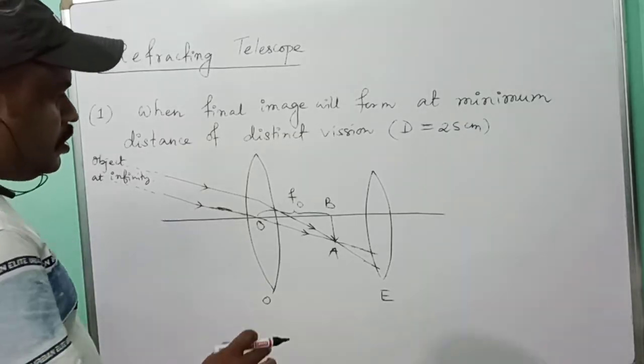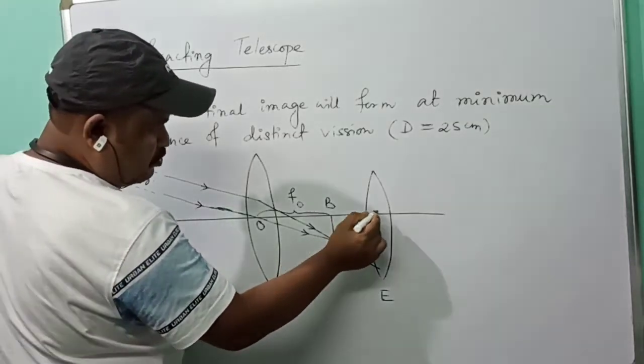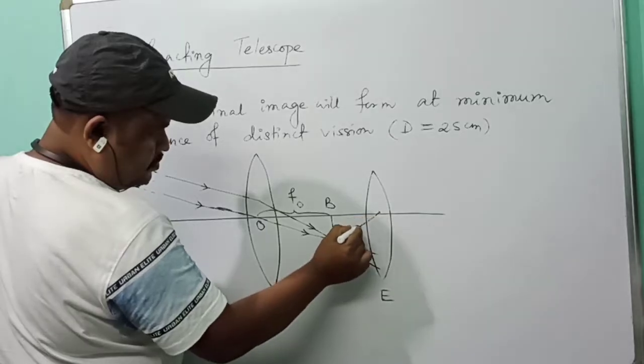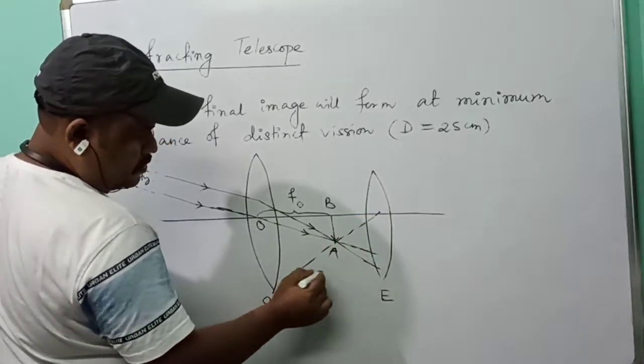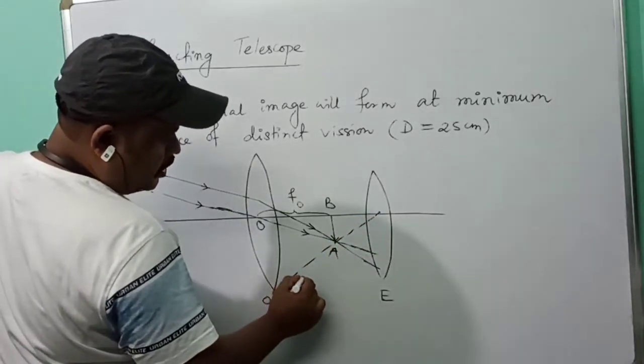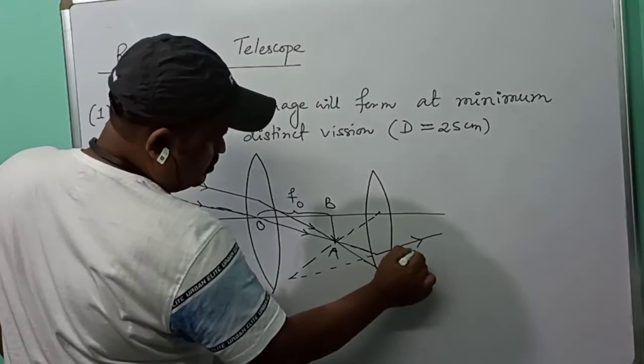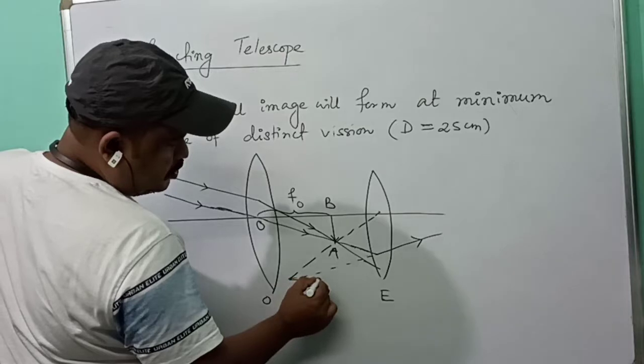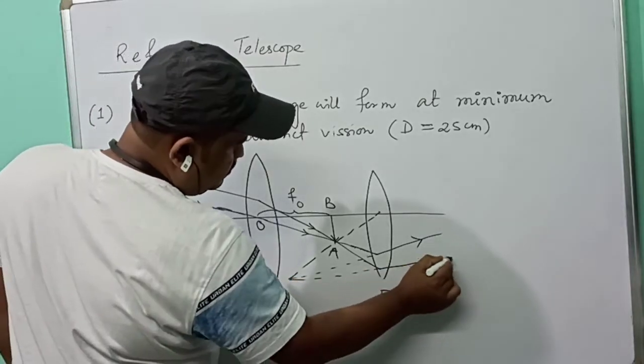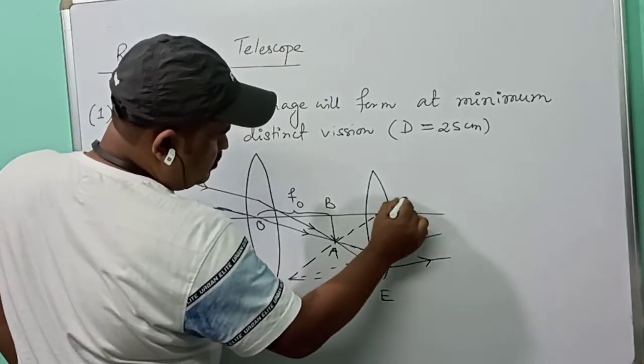So the final image will form at the minimum distance of distinct vision. That means these two refracted rays will diverge.